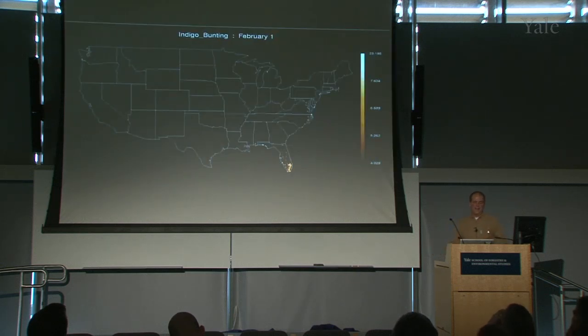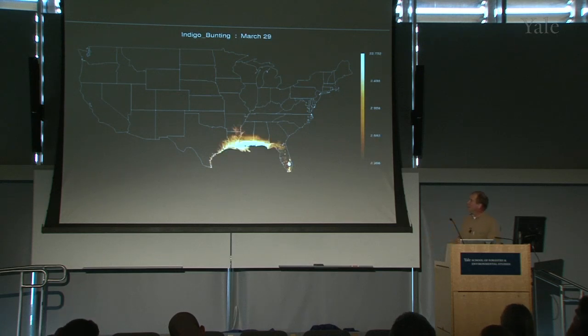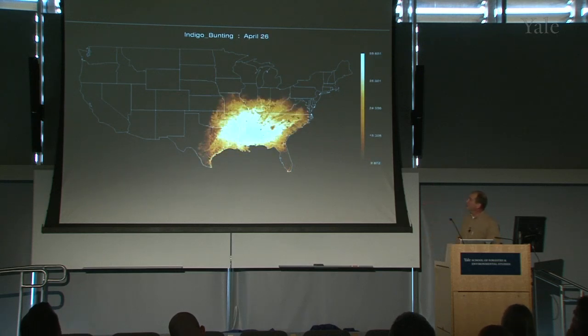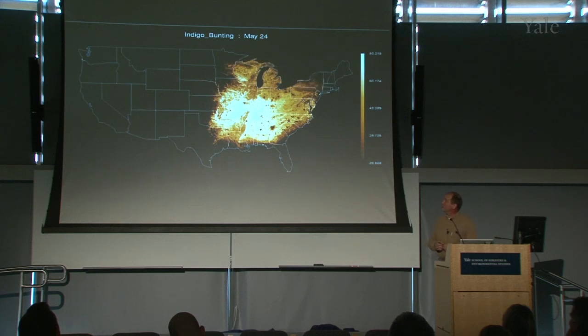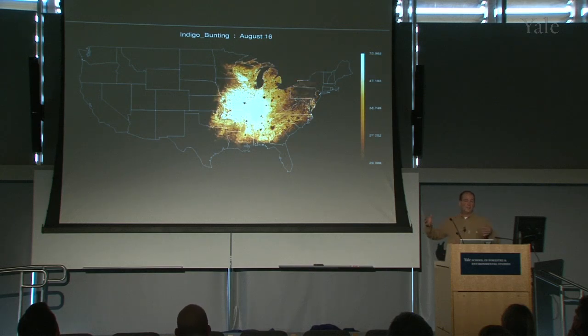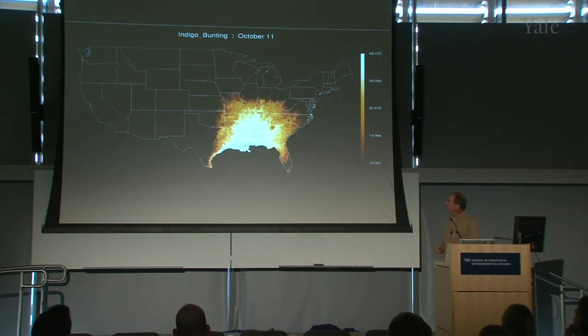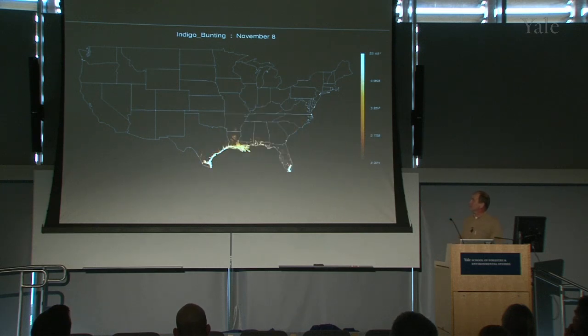So what's exciting now, and to hit home again on the temporal part, is that we can see the weekly patterns of species occurrence across the United States during the entire year that the bird is in the United States. For this particular species, the Indigo Bunting, there's a small population that winters in South Florida, but most of these birds winter in Central America.